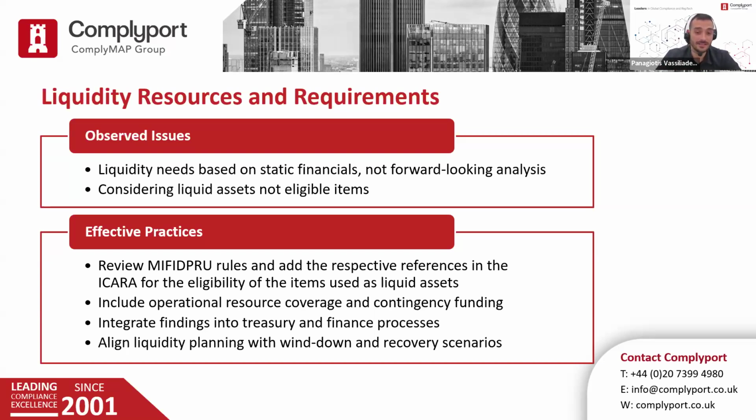And finally, the liquidity model should be integrated into your treasury and finance processes. Liquidity planning shouldn't live in a separate spreadsheet on someone's desktop. It should be part of your firm's financial DNA. And this is how it should be treated.